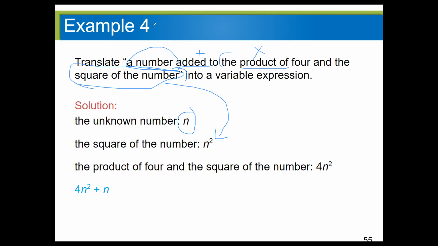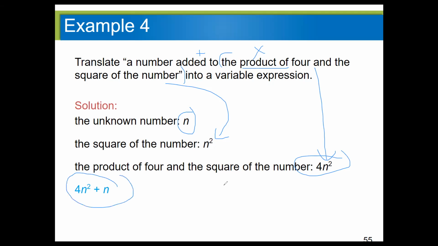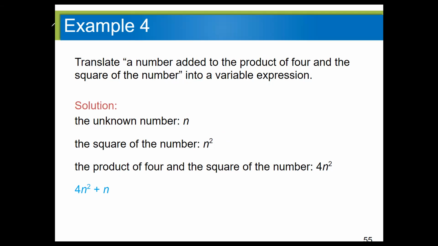I got a lot of junk here, don't I? There we go. So the product of 4 and the square of the number, that's multiplication, which is where this comes from. And I'm adding a number to that thing I made, which is how we get to this point. It's confusing. It's also important. Sorry.